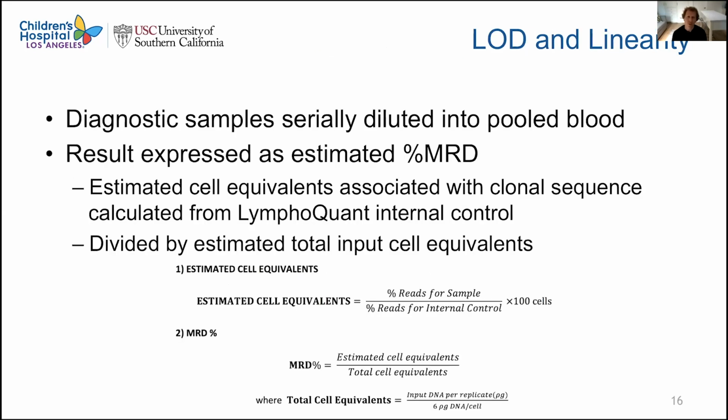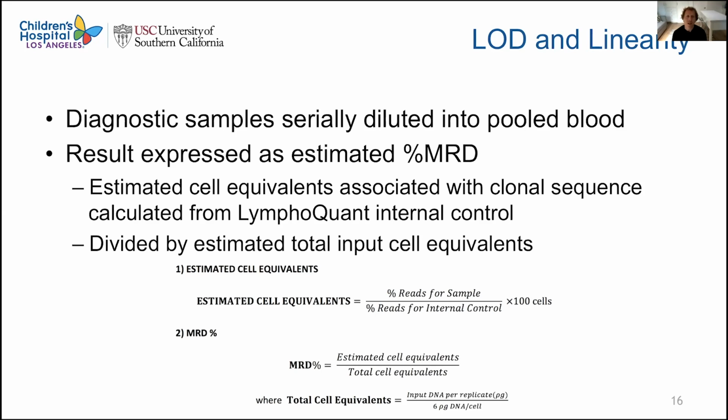We did serial dilution studies to look at limit of detection as well as linearity. And the way we did that was we took diagnostic specimens and we diluted them into pooled peripheral blood. And then ultimately, we measure the estimated percent MRD, as I alluded to on the last slide.